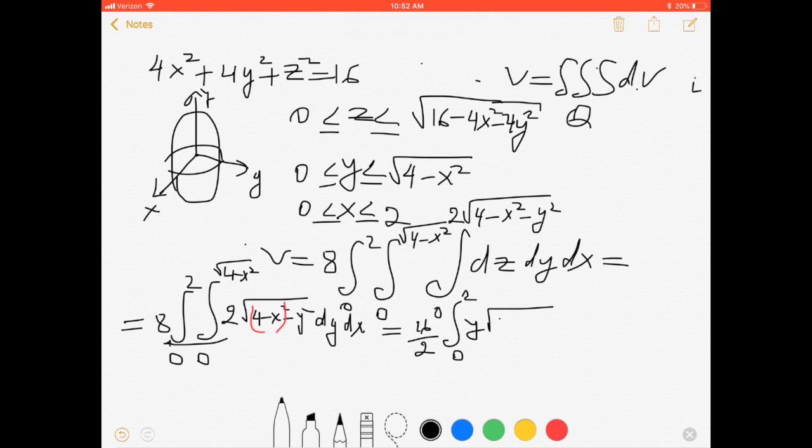It will be y times the square root of 4 minus x squared minus y squared, plus 4 minus x squared times arcsine of y over the square root of 4 minus x squared.